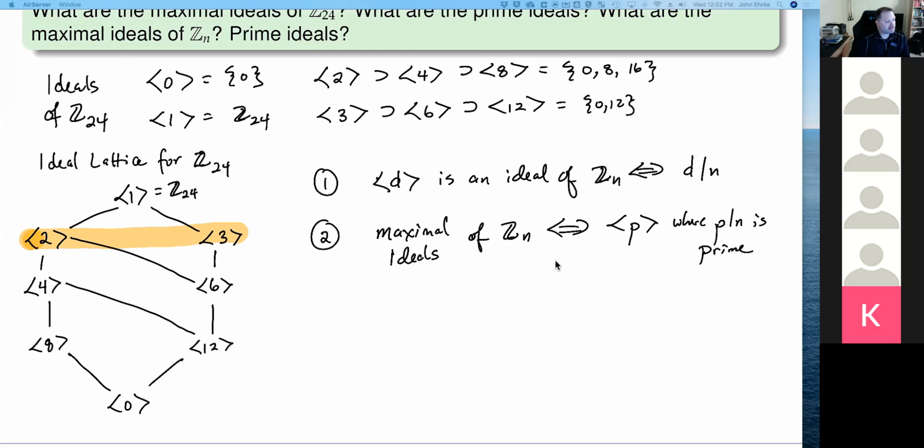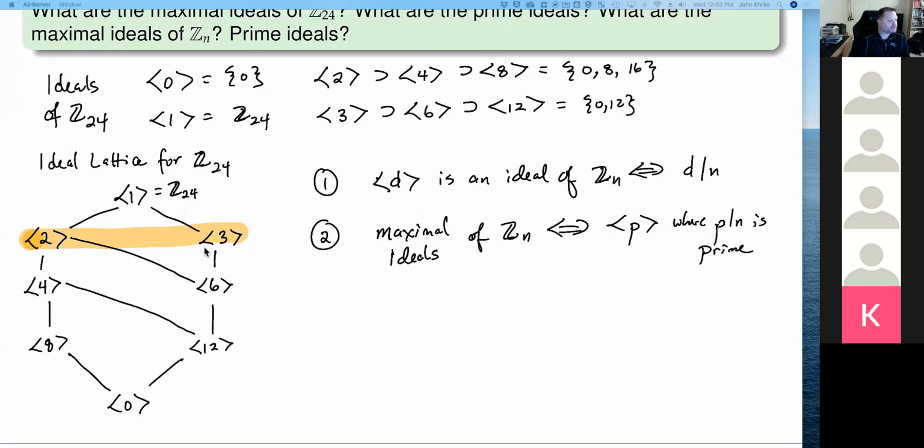This is slightly different than in the integers, because in the integers, to be a maximal ideal, all you had to do was be an ideal generated by a prime. But here you have to be generated by a prime that divides 24, meaning it's a prime factor of N, right?